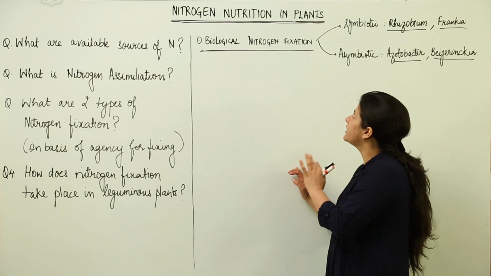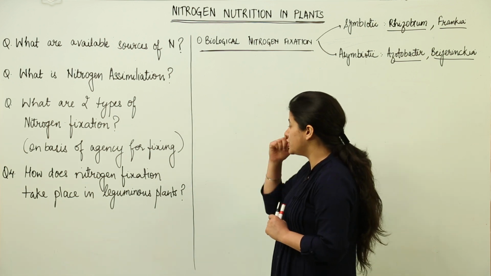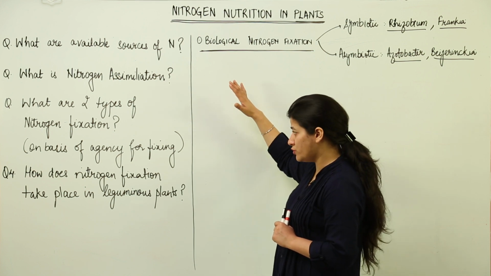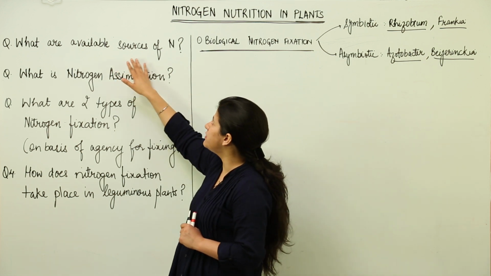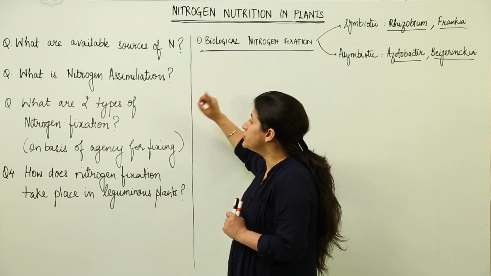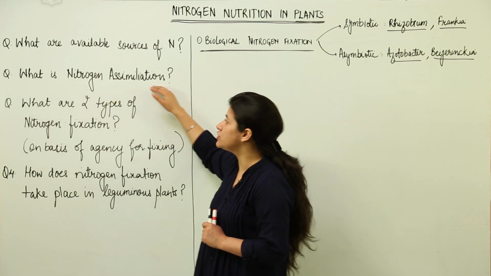So we are going to study nitrogen nutrition in plants, and this is the last topic that we have in mineral nutrition. There are a few questions that we need to answer by the end of this topic. What are the available sources of nitrogen, and how is this nitrogen available to the plants? Once it is available, how would nitrogen assimilation take place?